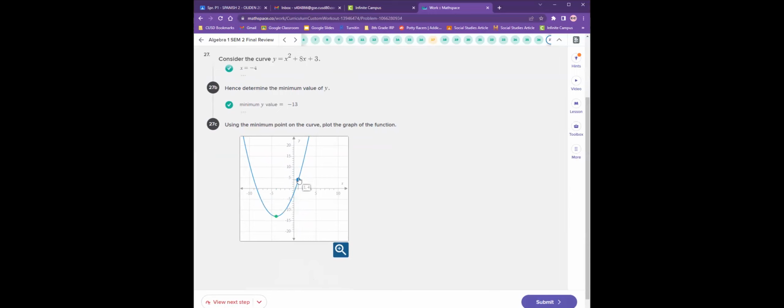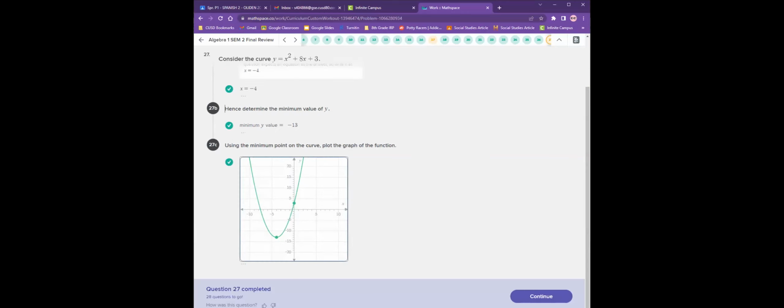And then the other point could be 0, 3 for the y-intercept. When x is 0, y is 3. It's always that last value in the standard form. Yep, that's right.